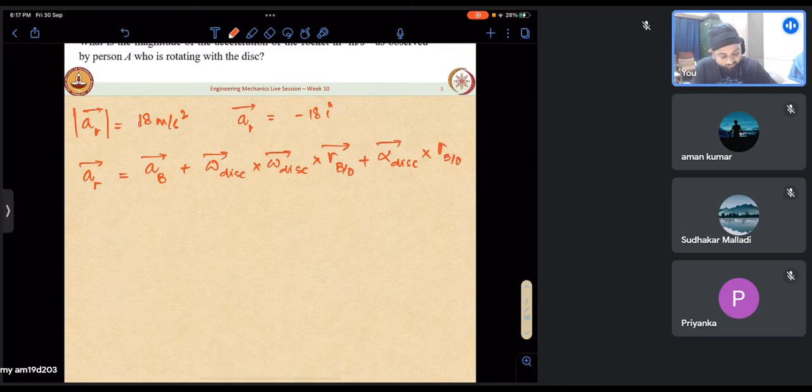Plus Coriolis acceleration that we have already computed, so I'll just omit writing 2 omega cross VREL. And then AREL is what is asked.